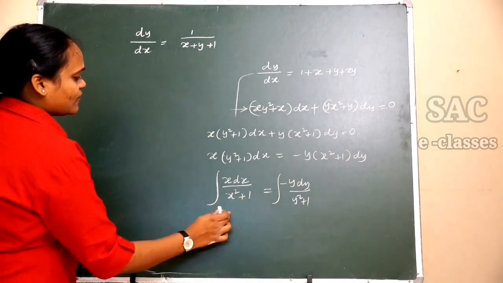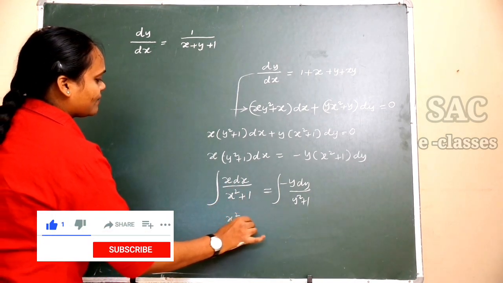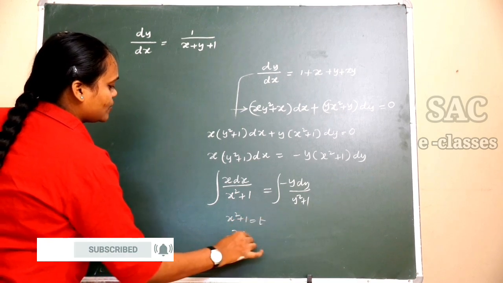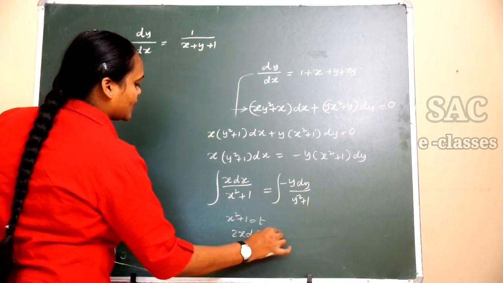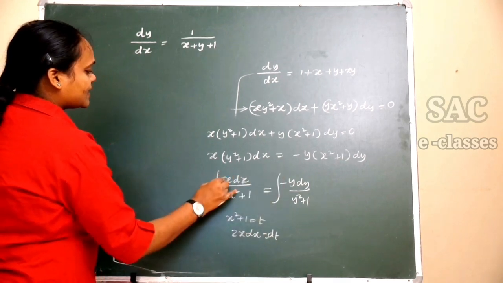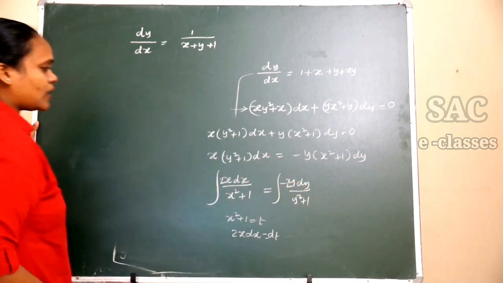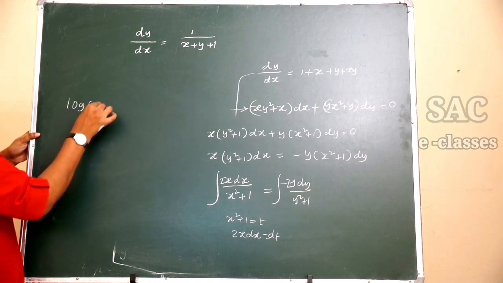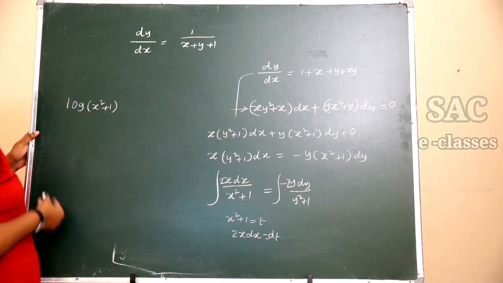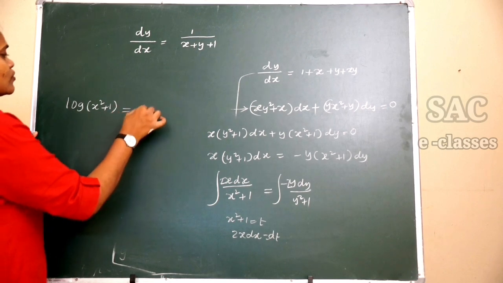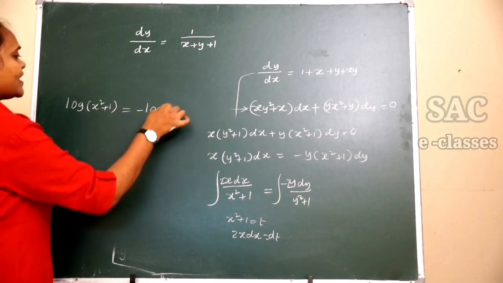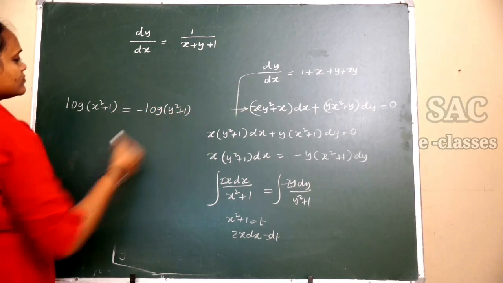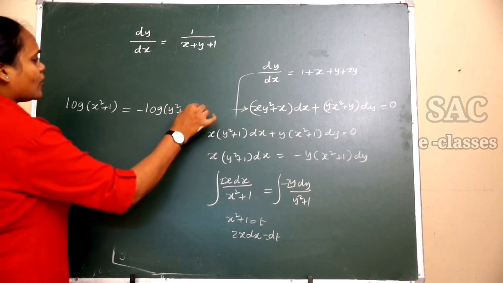If you take x square plus 1 as some helping variable t, it will be 2x dx equal to dt. That is why let me multiply by 2 on both sides. So you can write clearly, log of x square plus 1 is equal to minus log of y square plus 1. You can take the log c anywhere.